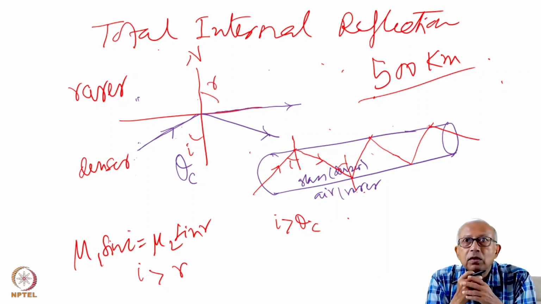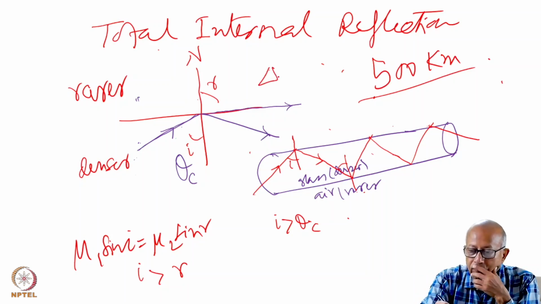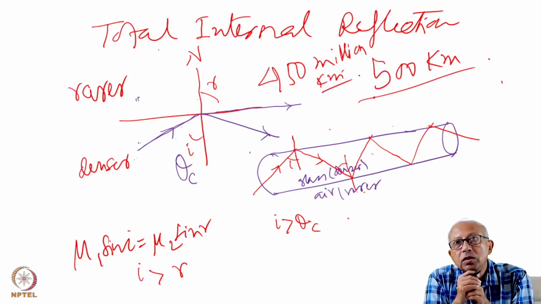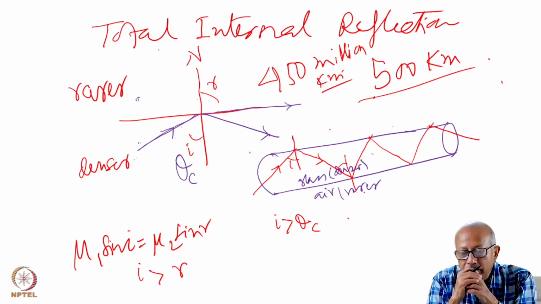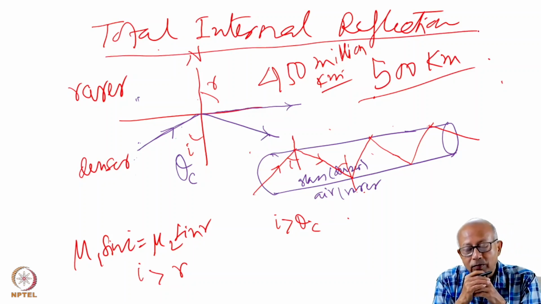And perhaps you don't know that today total length of optical fiber that has been laid under the ground, under the sea, under the ocean, total length is, if I remember correctly, 450 million kilometers, which is, I think, more than 3 times the distance between Earth and Sun. So you see the power of total internal reflection.